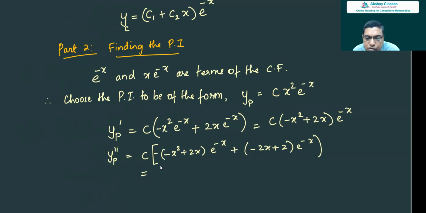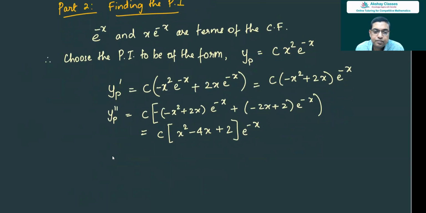Simplifying, we have the x square term, and minus 2x and minus 2x becomes minus 4x, and we have plus 2 times e power minus x.